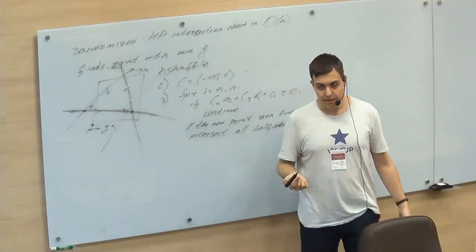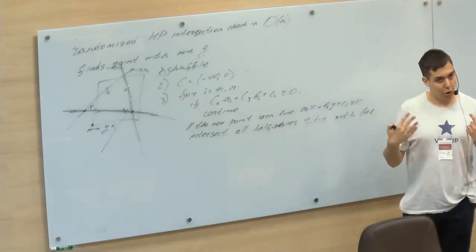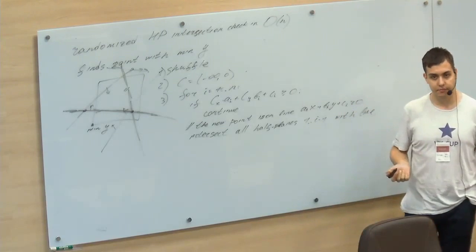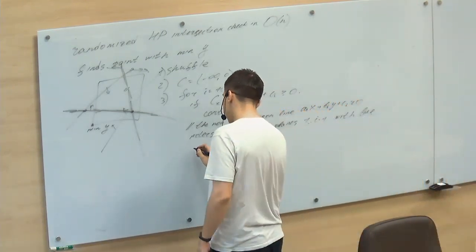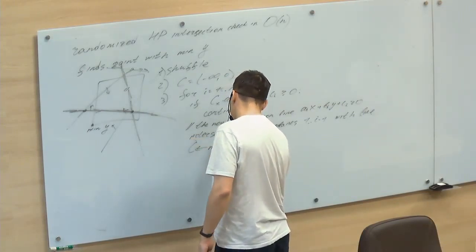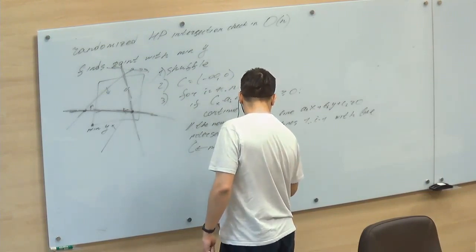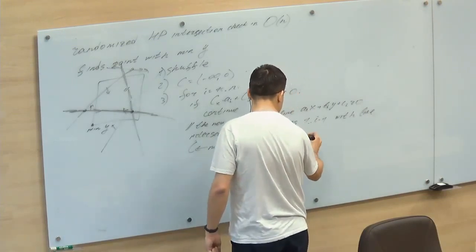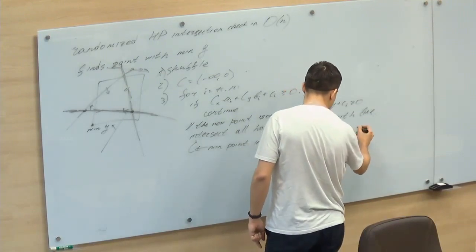But otherwise, we find the lowest point on the intersection of these half lines. Find C, the minimum point in the intersection of half lines.